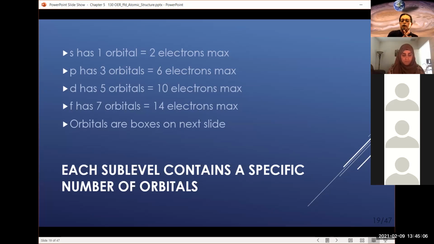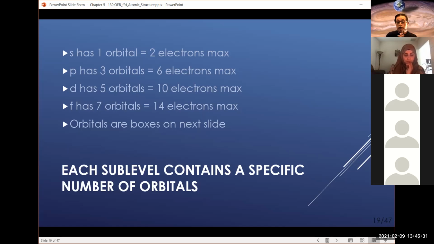So for all s orbitals, the maximum number of electrons that occupy the s orbit is 2. Okay. There's only one s orbit. Now the p's, we're going to learn there's 3 p orbits, and each one can handle 2 electrons.